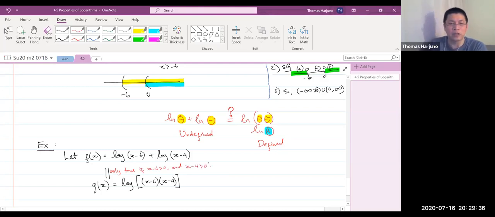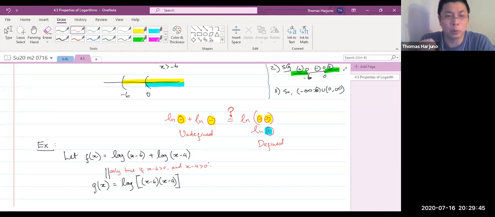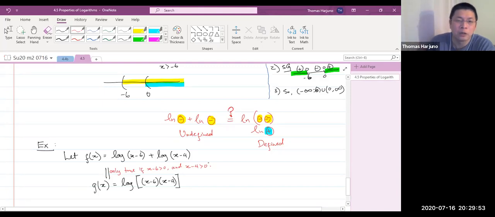Now the thing is, sometimes when we say they are equal, we don't realize that there's some requirement, there's some assumption need to be satisfied before we put them together. The way we do it will be we just put them together first and then we check at the end if it satisfies the requirement. But notice that gx has y-intercept.